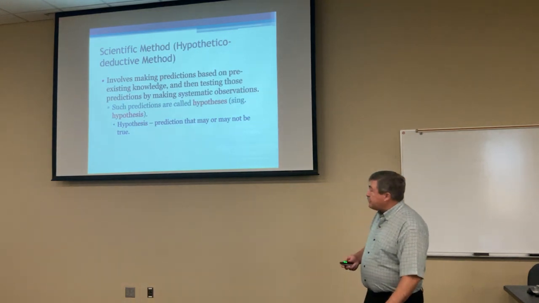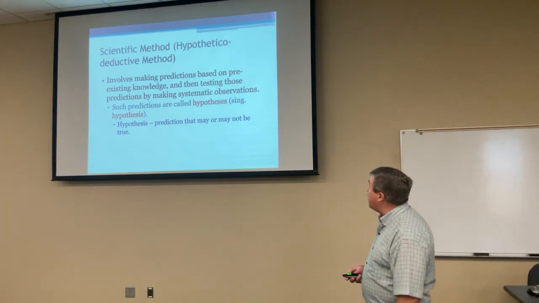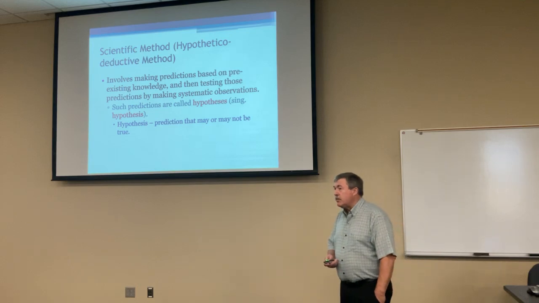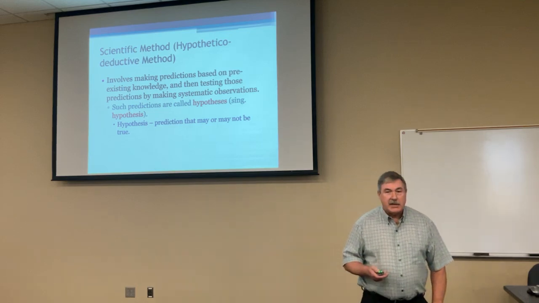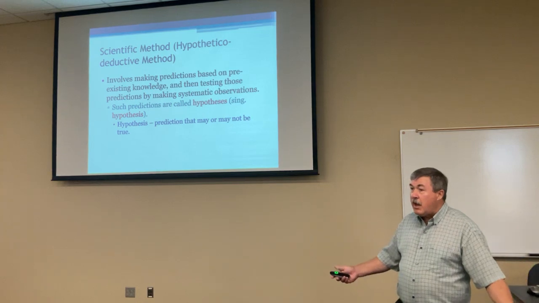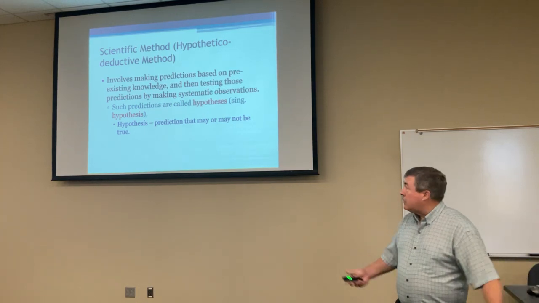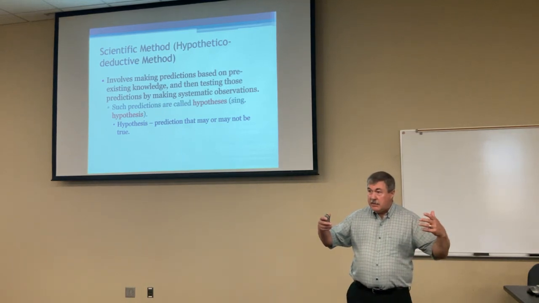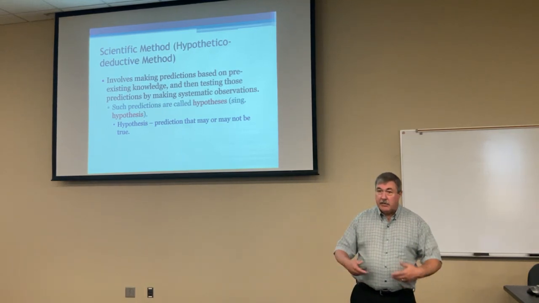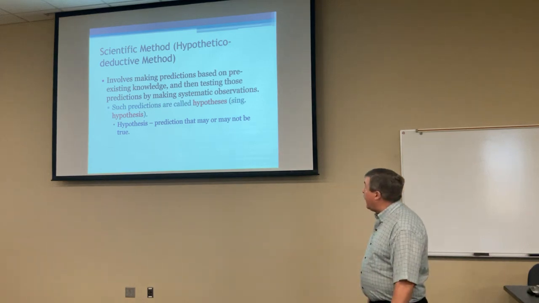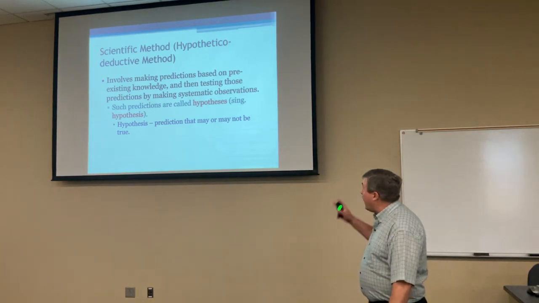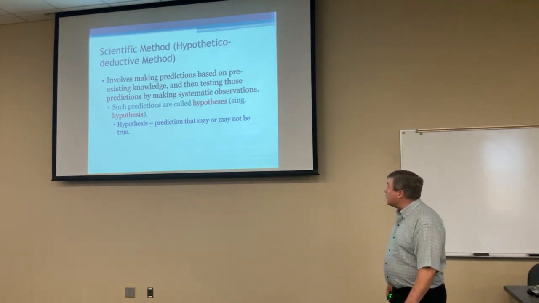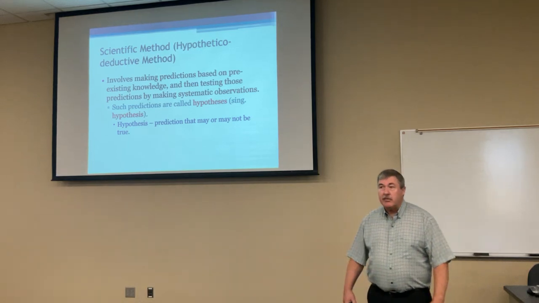So, scientific method is sometimes called the hypothetico-deductive method because you start out with a hypothesis, which is a tentative explanation that may or may not be correct, and then you test it using deductive reasoning by way of experimentation. And so a hypothesis, and the plural is hypotheses, is a prediction that may or may not be true.